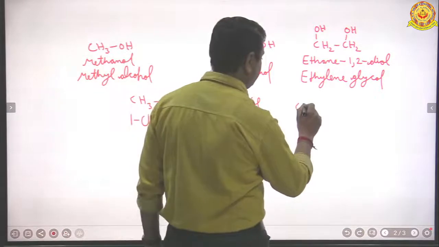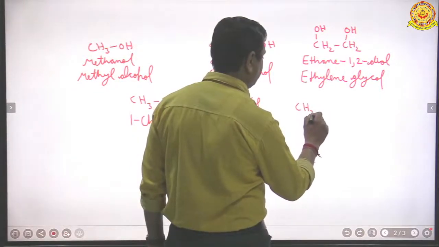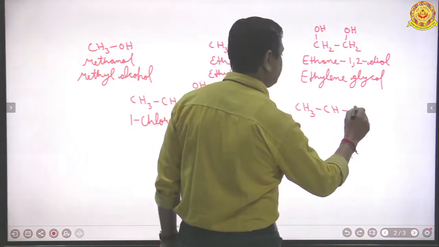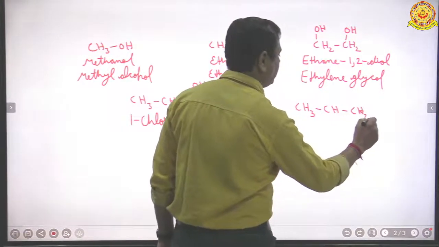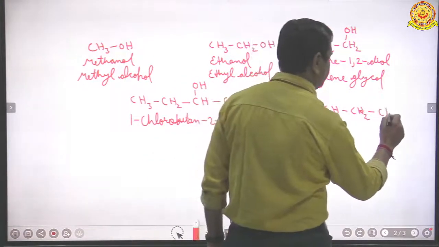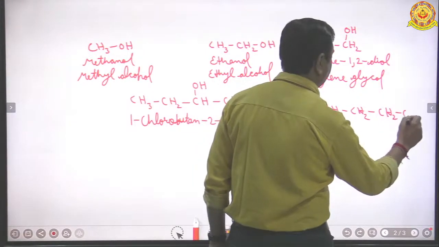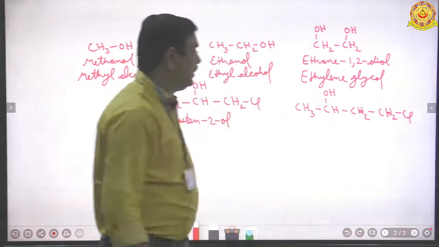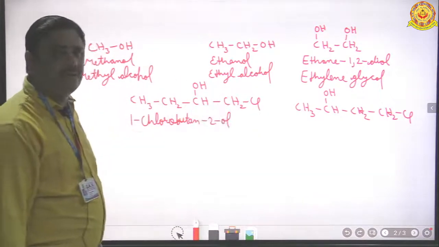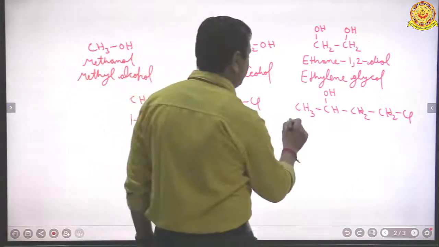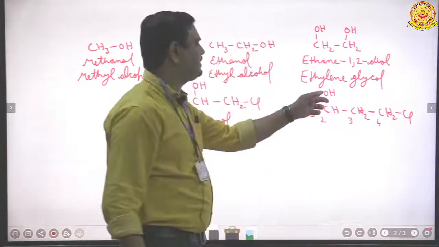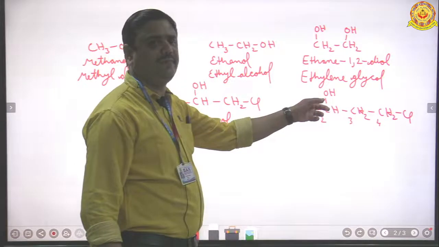But in this case, the chain will be numbered from this side, because this is the main functional group. The hydroxyl group is the main functional group.